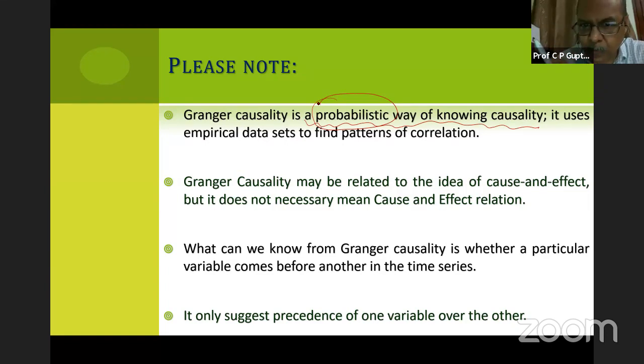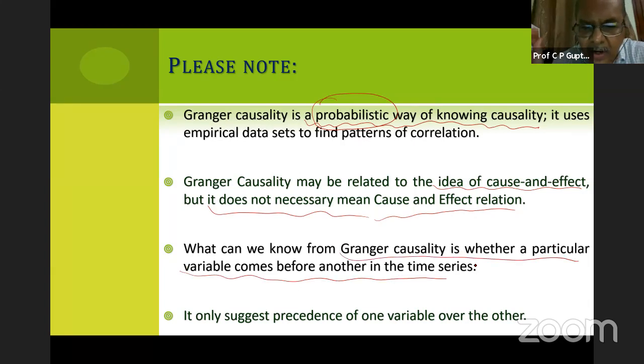It may be true in some cases, it may not be true in some cases, but there is some precedence of X over Y. That only it says, nothing else. Granger causality may be related to the idea of cause and effect, but it does not necessarily mean cause and effect relationship. What we can know from Granger causality is whether a particular variable comes before another in time series or not. It only suggests precedence of one variable over the other, nothing else.